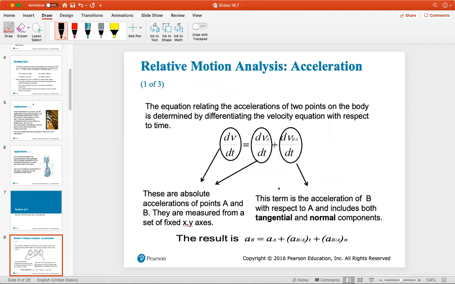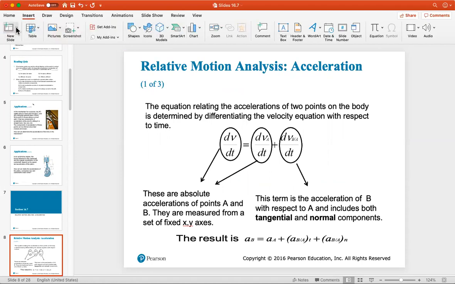Okay. So this is the basic formula we had. I'm going to switch over and go through this a little bit, and then you can see where things are coming from.